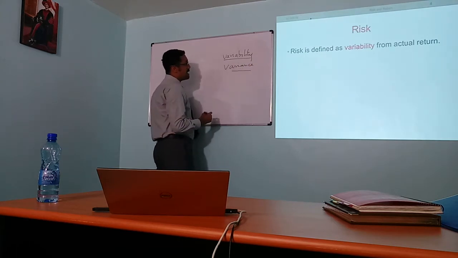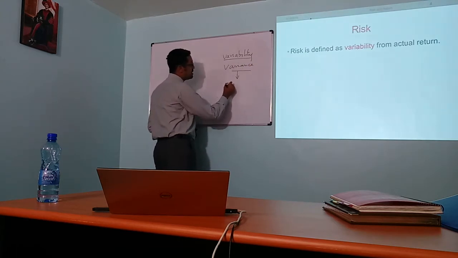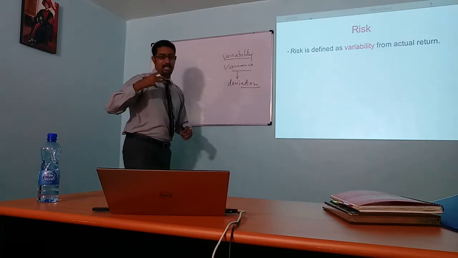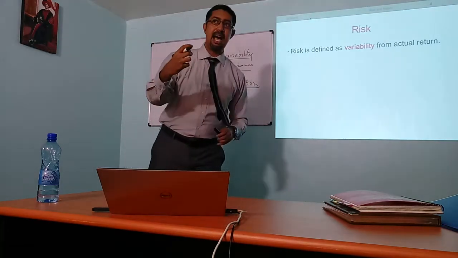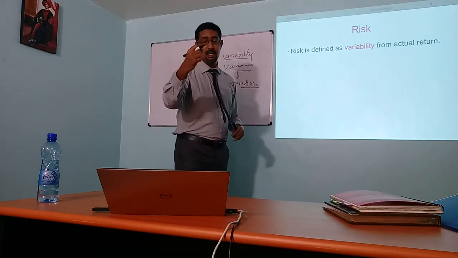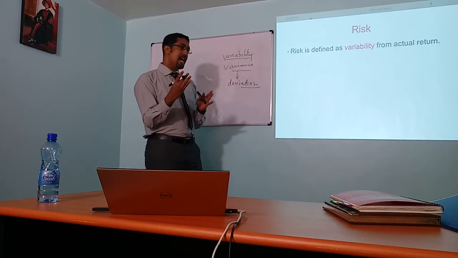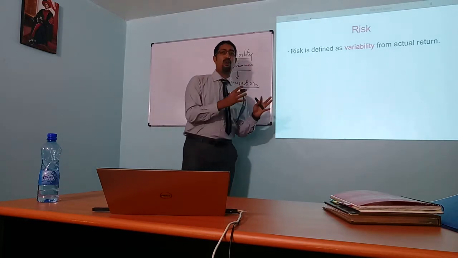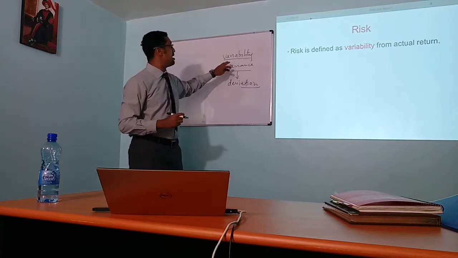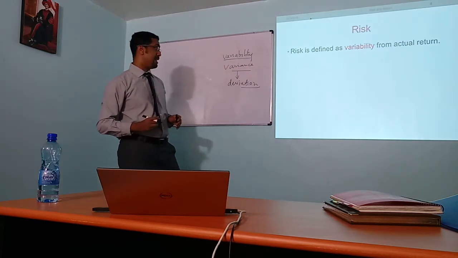In another word, we can say variance is the deviation. When you expect a return, sometimes it's not what you actually get. So anything that deviates you from achieving your objectives is what is referred to as variance or the deviation.